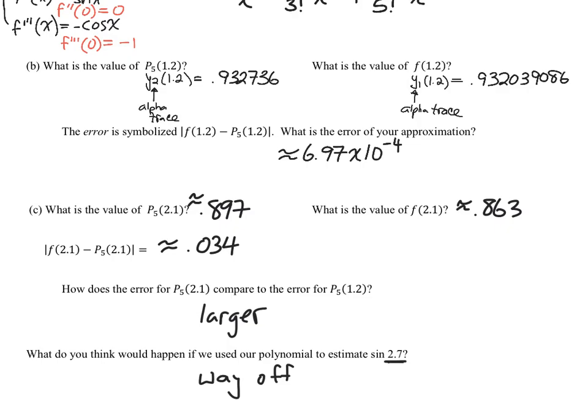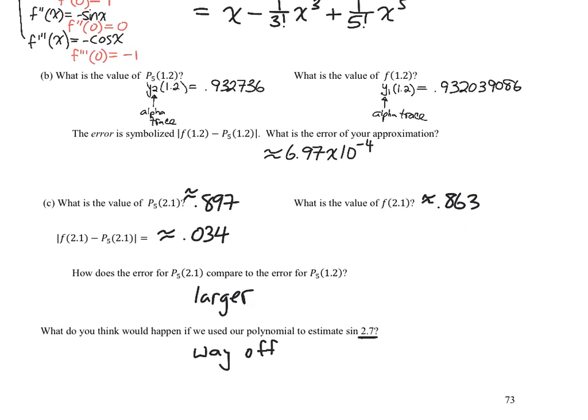All right, so the moral of the story here is that the closer you are to the center, the more accurate it's going to be. I feel like I'm answering a test assignment question right now. And also, if you increase the number of terms in your Maclaurin polynomial, you're going to increase the accuracy.